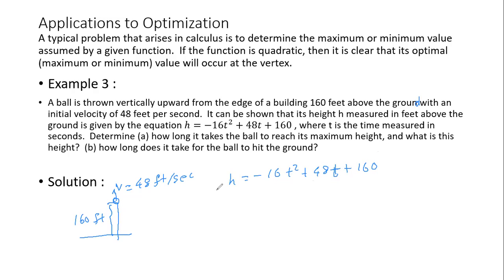Okay, for maximum, now looking at this, this is a parabola. How do we know? It's a quadratic equation, t square. Therefore, we can find the time for the ball to reach its maximum height. We find that when t equals negative b over 2a.